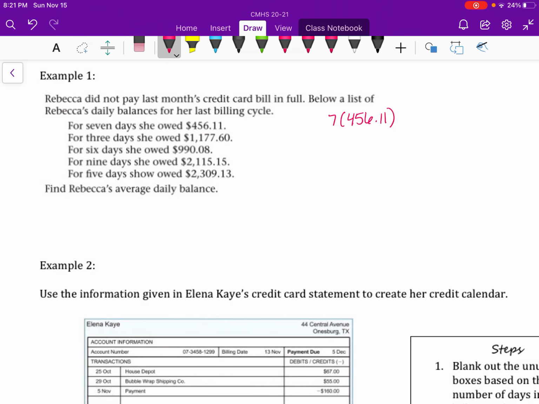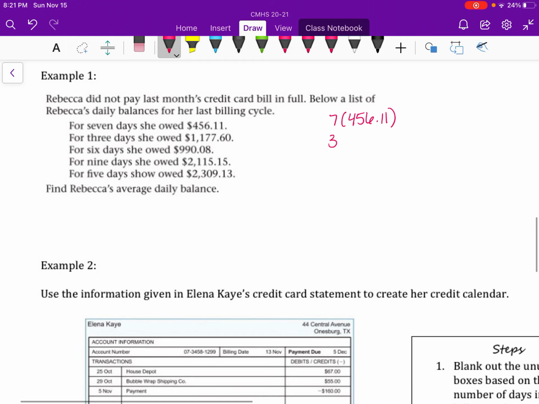$456.11. Then for 3 days, she owed $1,177.60. For 6 days, she owed $990.08. For 9 days, she owed $2,115.15.